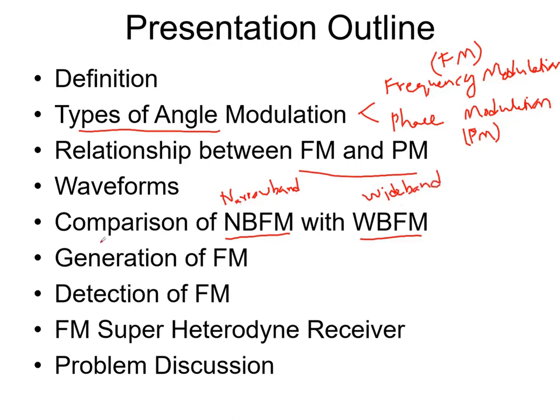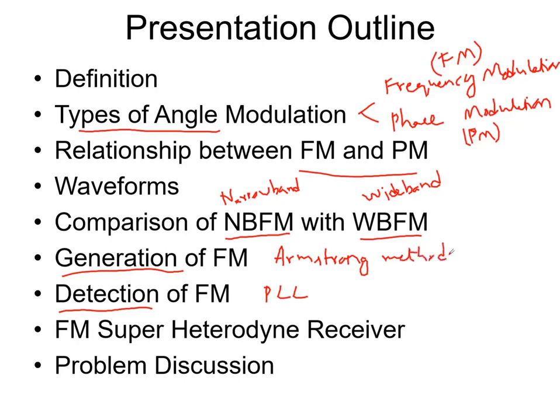Then the different types of generation of FM we'll be going to see, how the FM can be generated, how the FM may be detected. One of the very important things is the phase locked loop here. Coming to the generation, the important thing which is coming in your previous GATEs also, maybe the concept related to the Armstrong method.